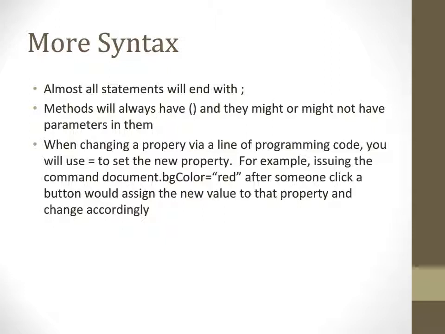Now, if you retrieve them like we did in the last modified example, that's different. You're not setting a value to those, you're just retrieving what's currently stored in there. But if you are changing the property, which you do a lot in programming, you need to be sure and use that equal sign.